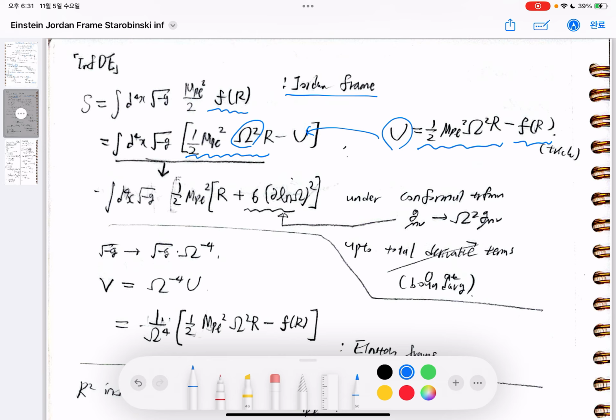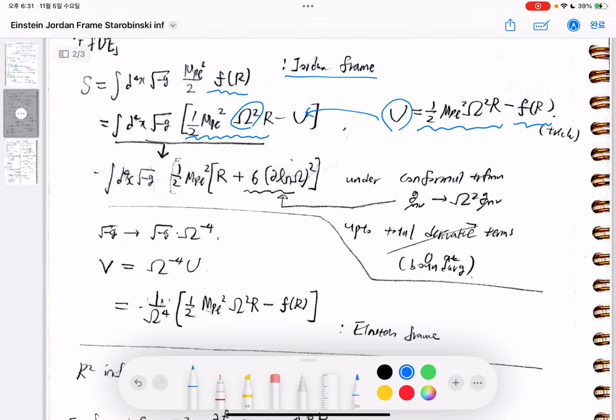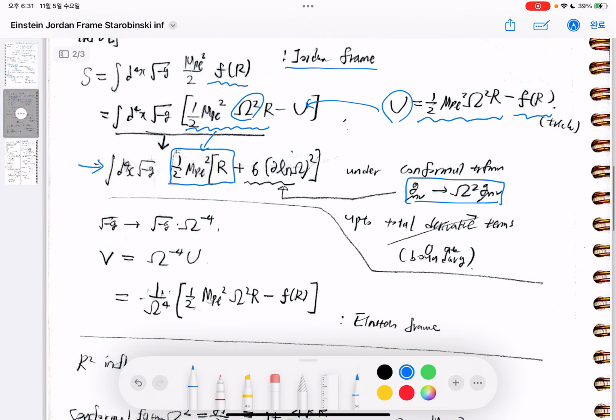Then the first term just remains, so that we can obtain the standard Einstein-Hilbert action, and the second term can be related under the conformal transformation. g_μν goes to the scale factor times g̃_μν, and the extra term is a total derivative term, so that becomes zero at the proper boundary condition.